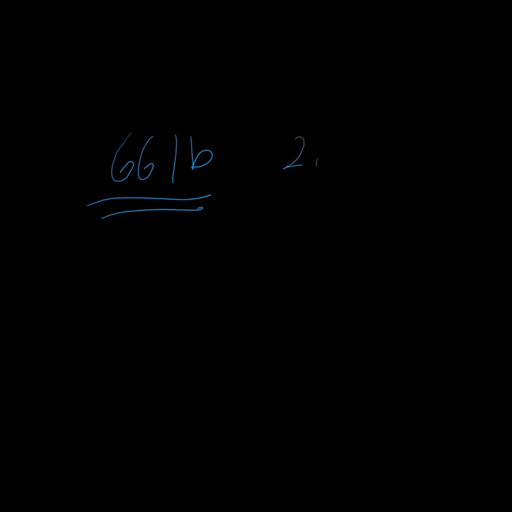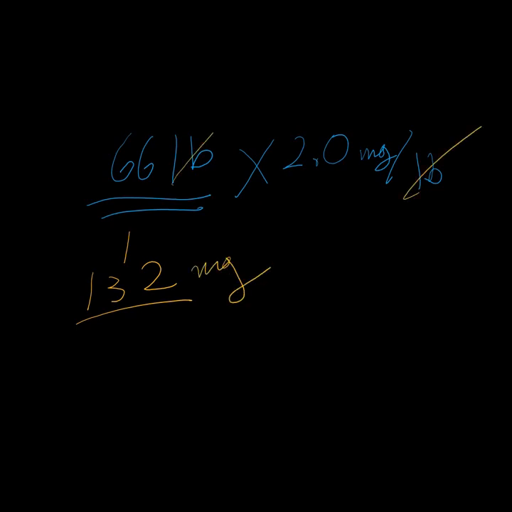It is 2.0 milligram per pound. So just simply multiply them, and I will change color. I love various colors. So if you multiply, it becomes 132 milligram, because they are cancelled out.